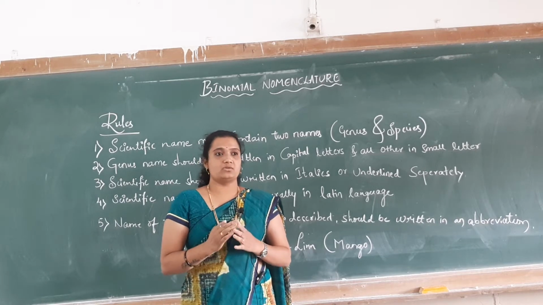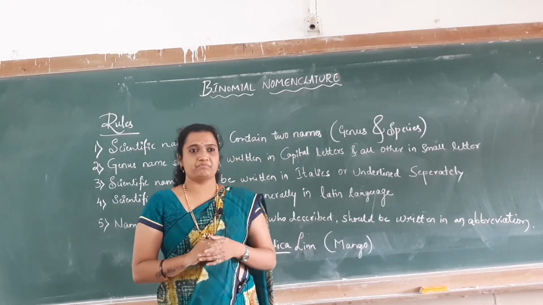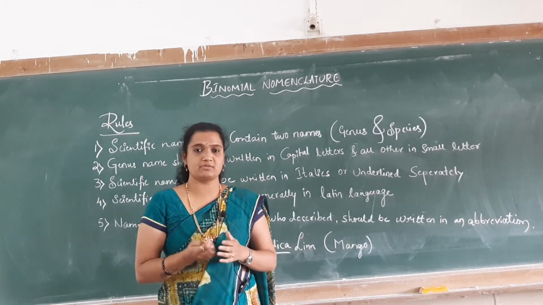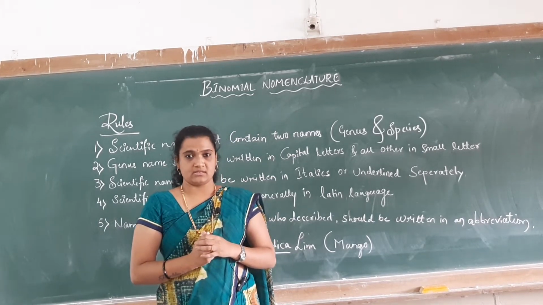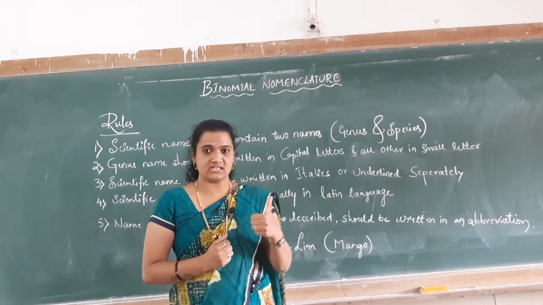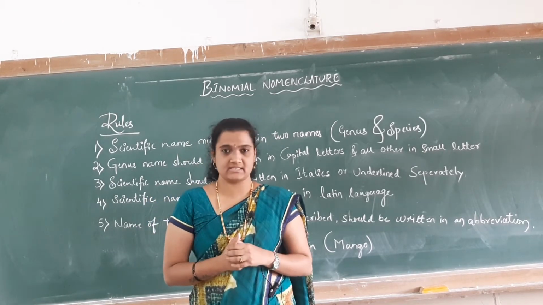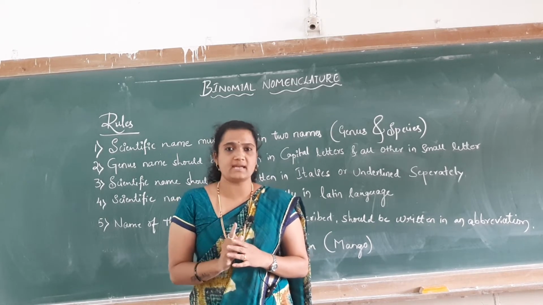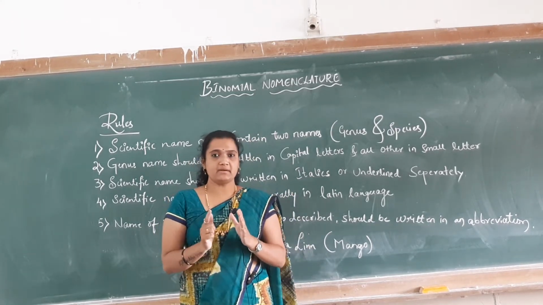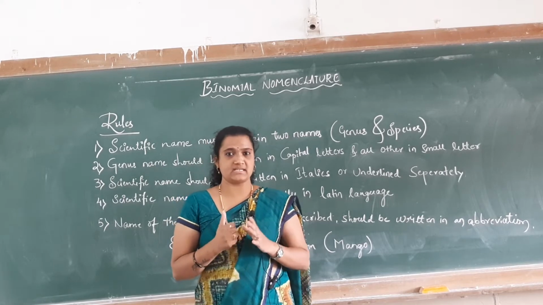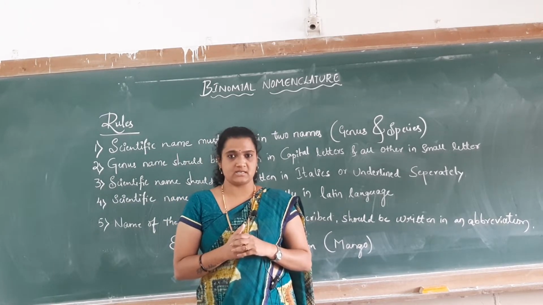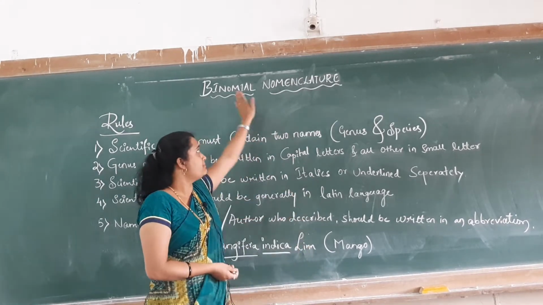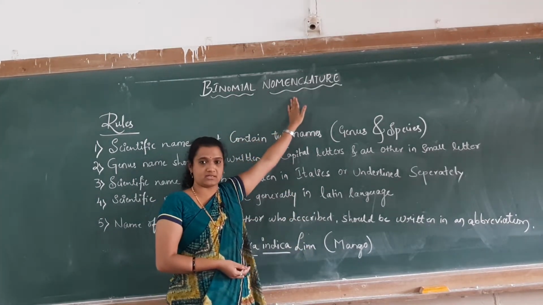To prevent that confusion, we need to name organisms by two names: one is genus, another is species. Each and every living organism will be named by two names, genus and species. This process of naming living organisms is called binomial nomenclature.